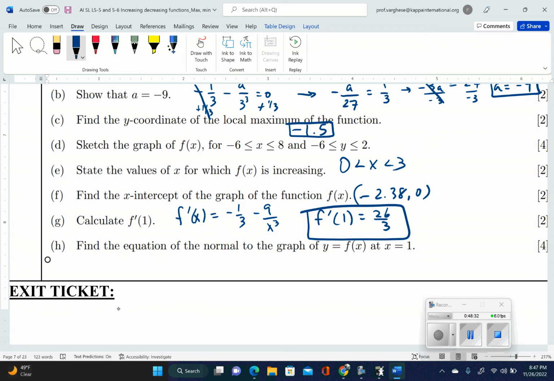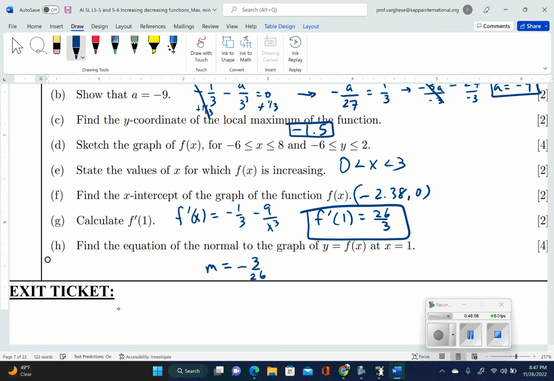And last but not least, letter H. So find the equation of the normal, which is basically finding the negative reciprocal, right? So I'm going to take this function that I just got, so 26 over 3. The negative reciprocal of that is going to be -3 over 26. So my new slope is -3 over 26.